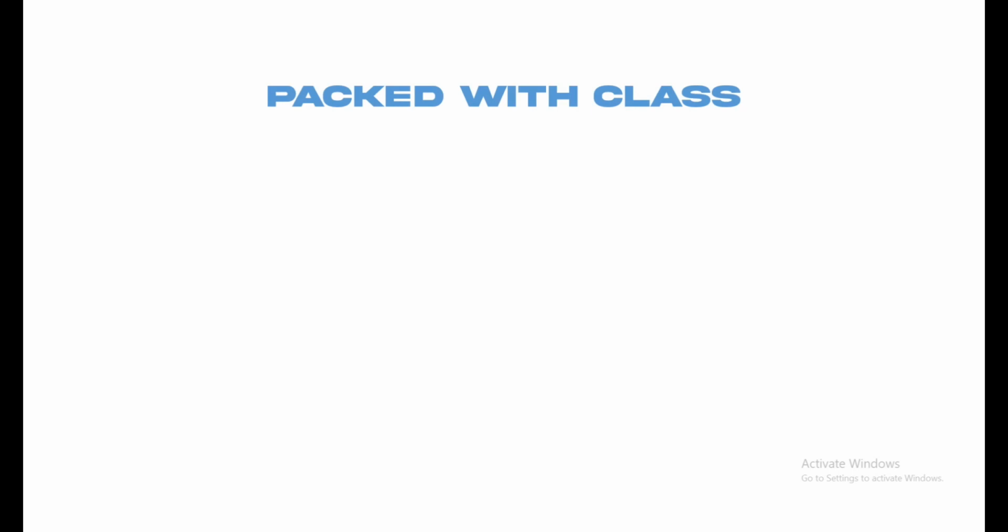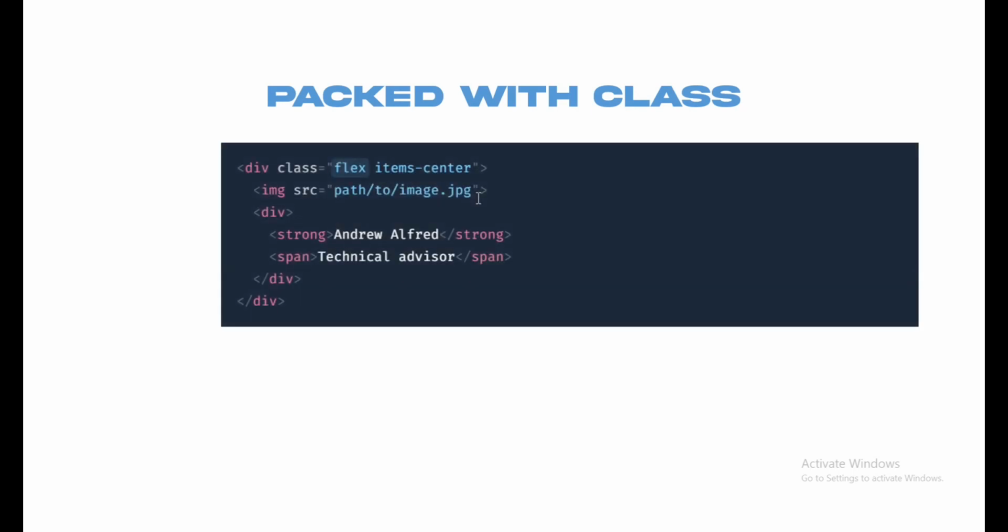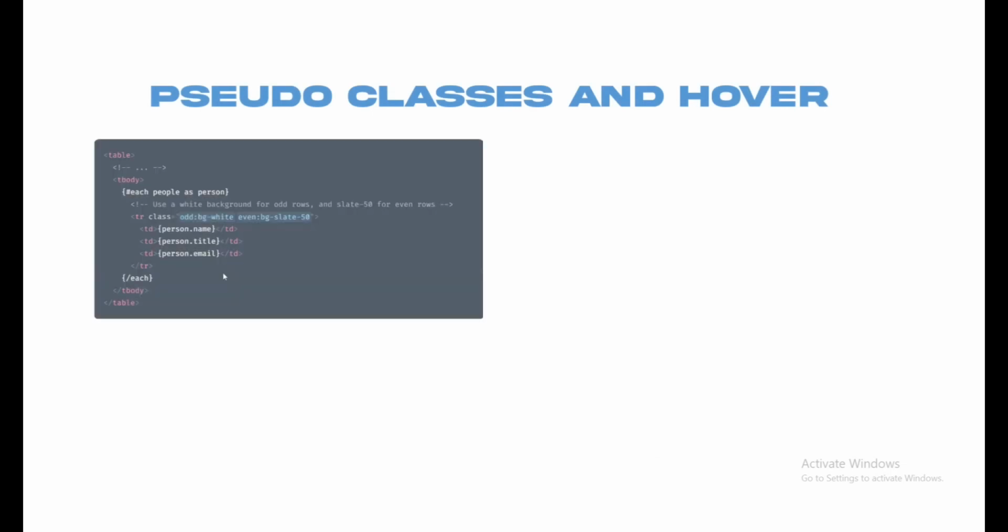Packed with the classes. Here you can look at flex, which is a class. Inside the flex I have used an image, strong and span. This looks like a centered one. Here is how it looks. And pseudo classes with hover.